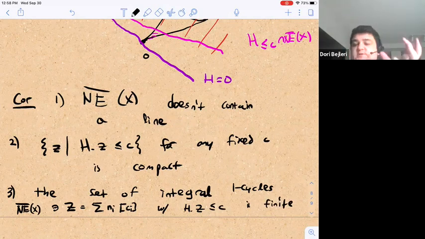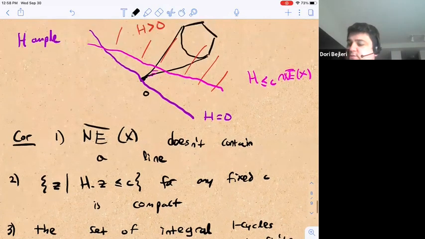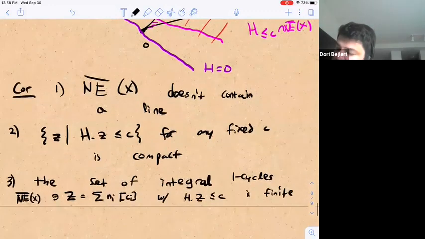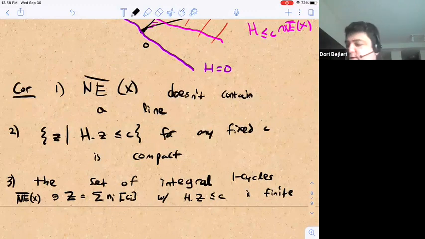Because these integral ones are lattice points inside of this cone, and we have some compact set, and so the lattice points inside of this compact set have to be finite. Okay, so those are some nice, pleasant consequences about the cone of curves from Kleiman's criterion.